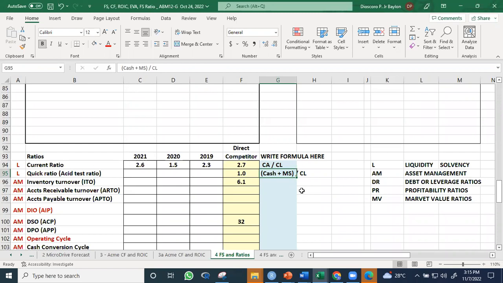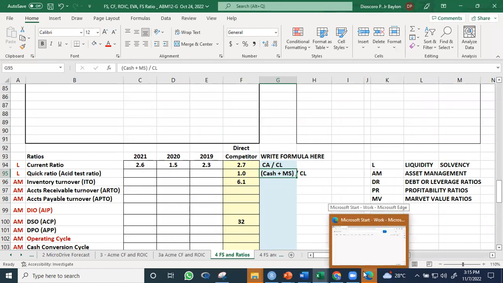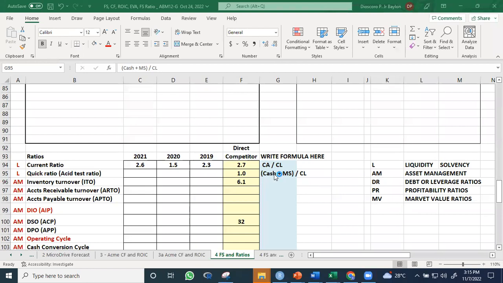Cash, of course, is already cash. Marketable securities are short term, and can be sold in the market. These are highly marketable. That's why they're called marketable securities. They are easy to sell.